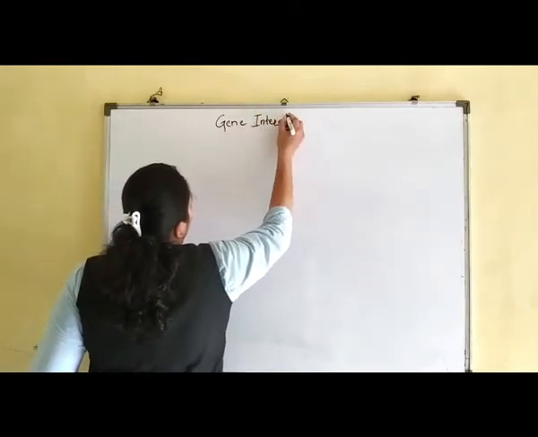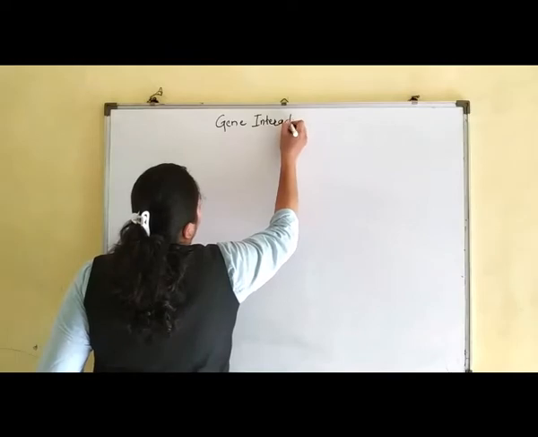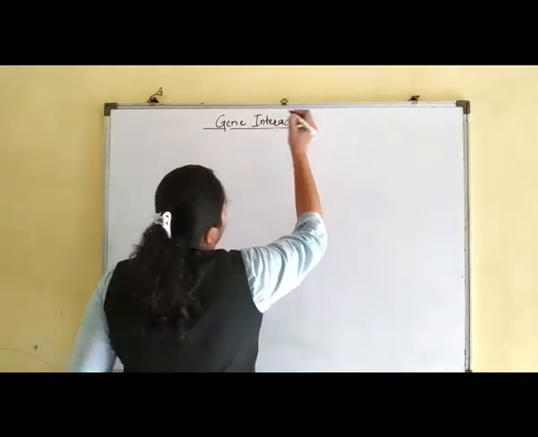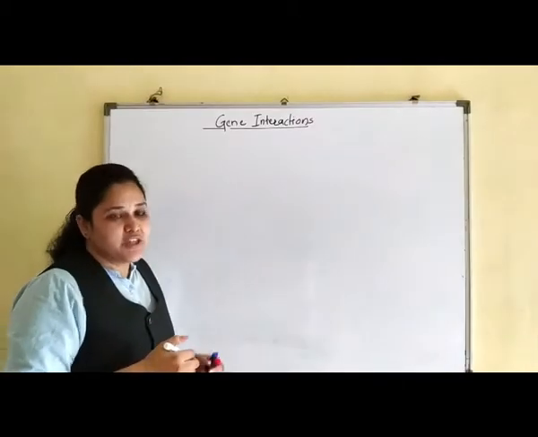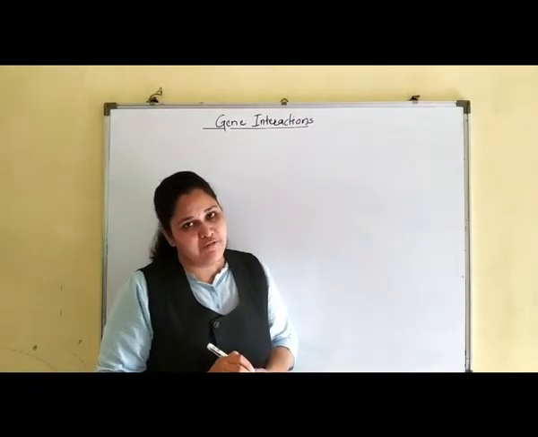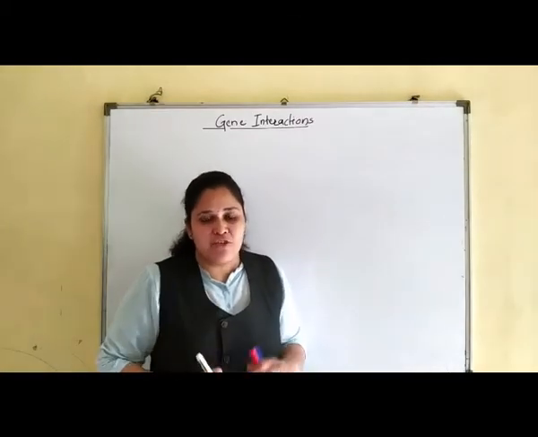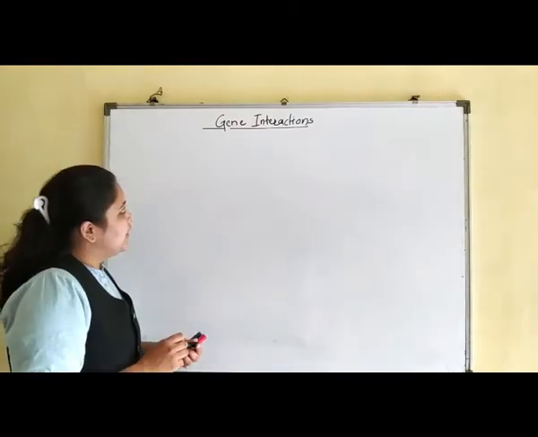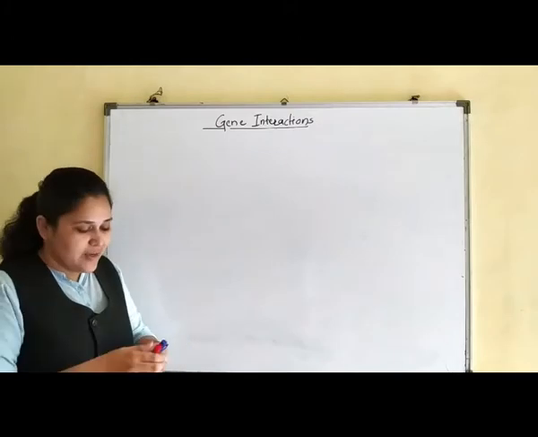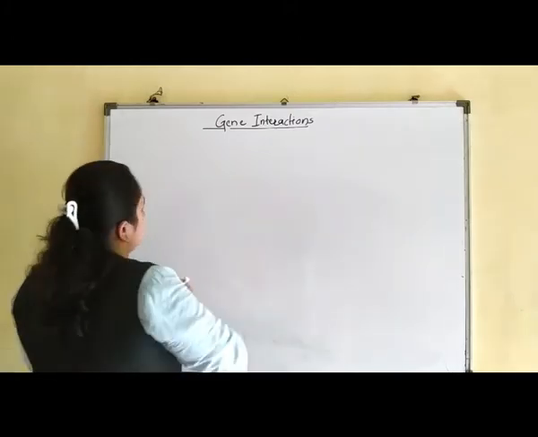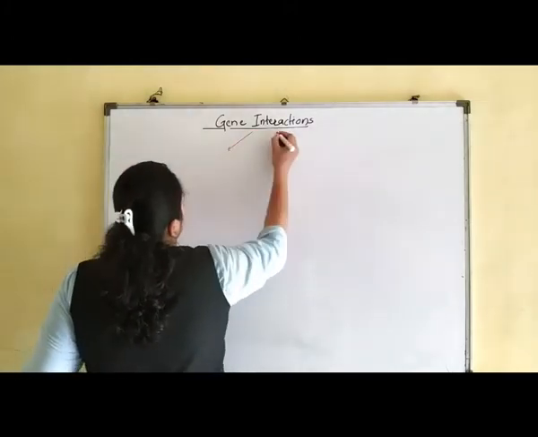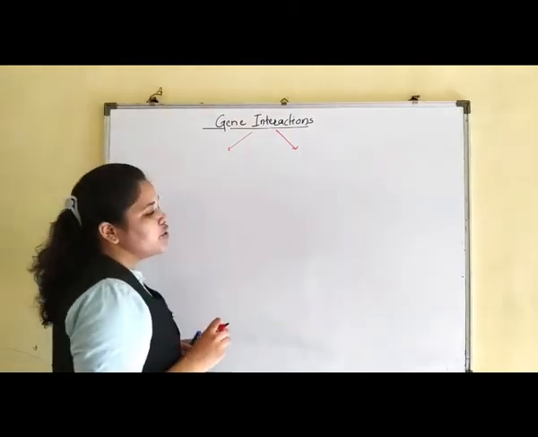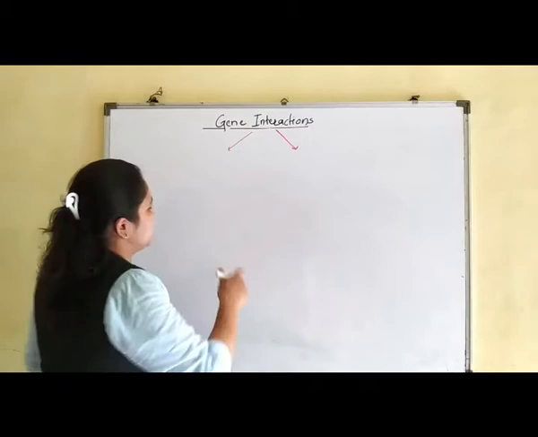In what way different alleles of a gene, or different genes, interact with each other and give a particular phenotype, that is known as genetic interaction. These genetic interactions are of two types. The first one is known as allelic interaction or intragenic interaction.